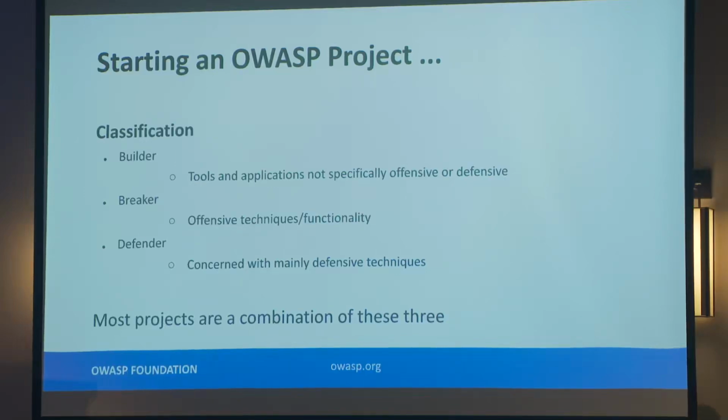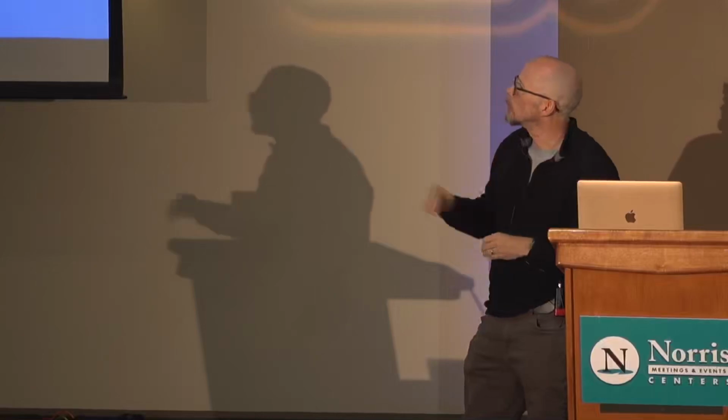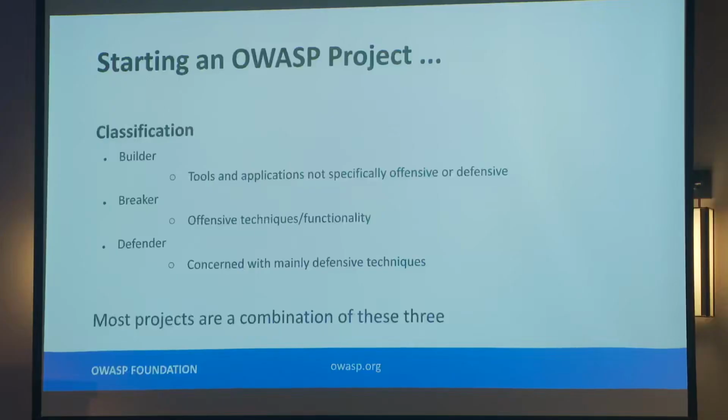A breaker is basically an offensive techniques and functionality kind of application. Defender is concerned mainly with defensive techniques. And you'll find things like OWASP ZAP, well, they're going to be all 3, right? So it's absolutely not this thing where you're one or the other, it's always a combination of them. So feel free to pick multiples.